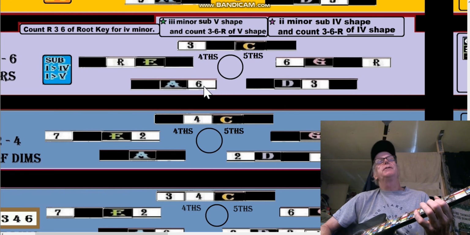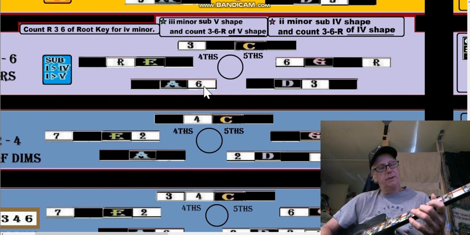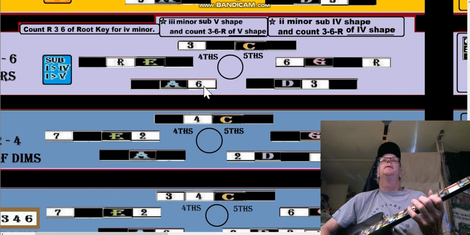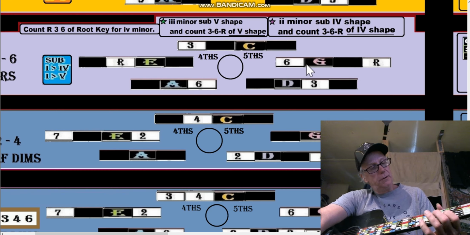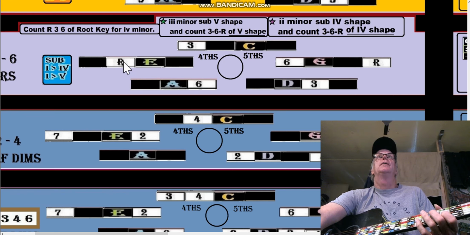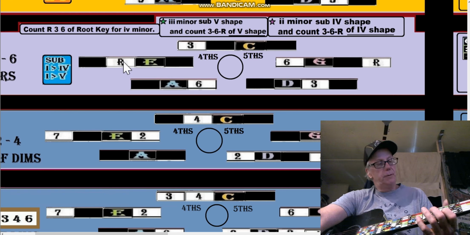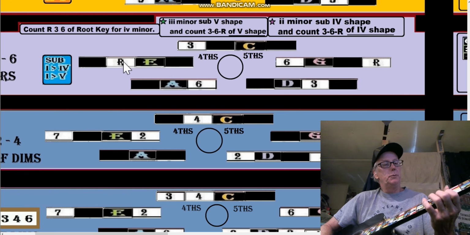Now that string shape D on the top there is 2 3. So there's the 3 there. No, that's not the 3. The string shape D, let's see, we had our root over here. Okay, so then we're going to go from the E shape is the root there. Remember, we want 7 root.